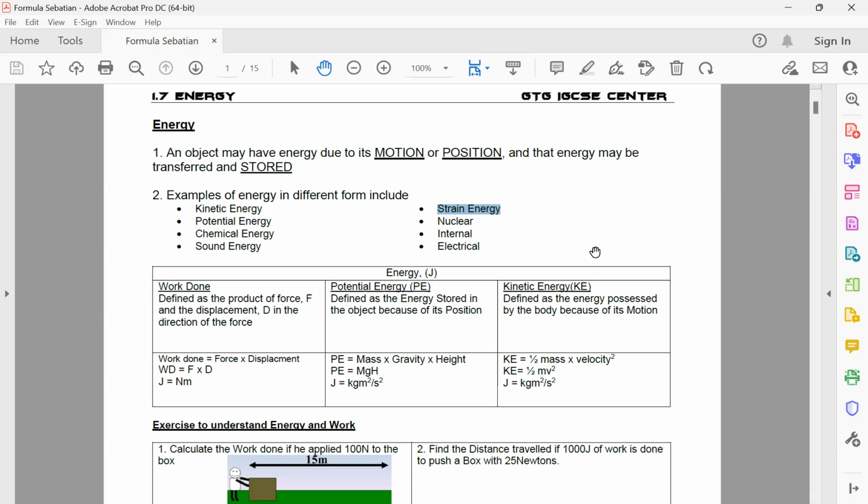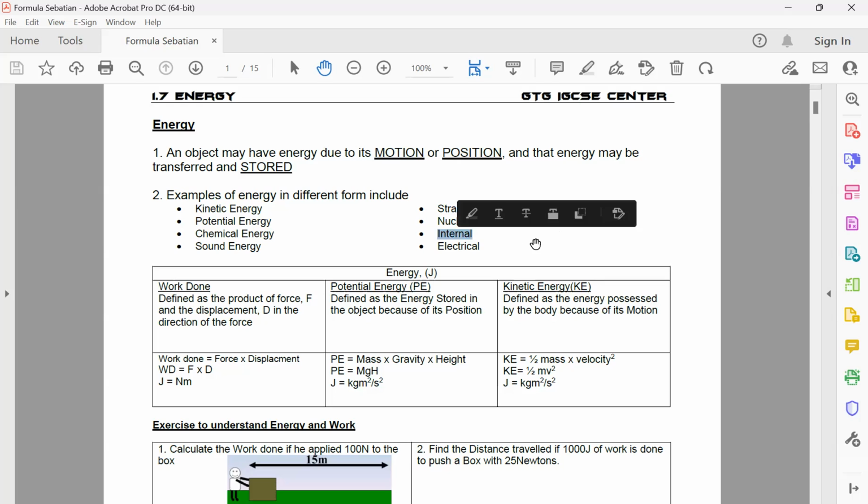For example, if I compress a spring, I'm storing strain energy in it, and when I let go, that stored strain energy will bounce it back to its original position. So that is what we call strain energy. Then nuclear energy is basically nuclear power plants, where uranium and plutonium generate electricity. That's nuclear energy.